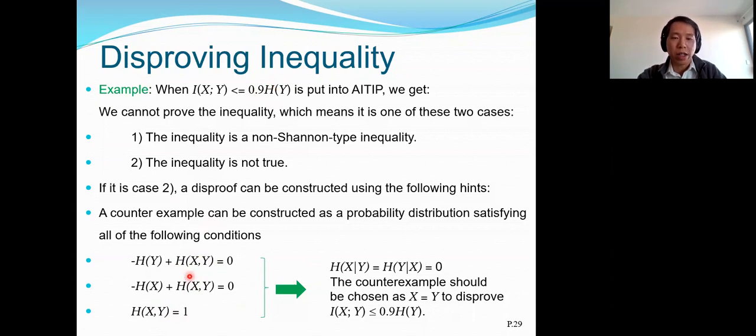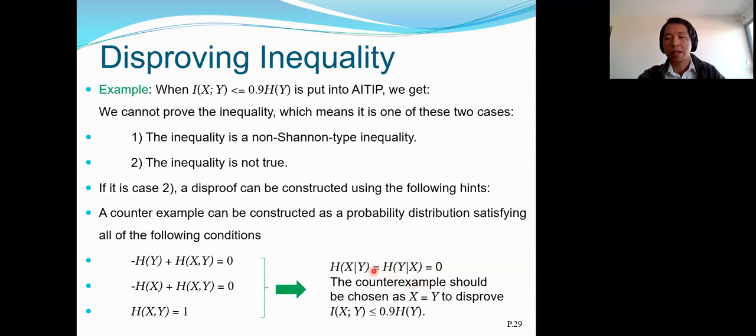So from these conditions, this is the hint given by the AITIP or from the previous linear program. From the hint here, we can see that what it says is that we want to construct an example where the conditional entropy of X given Y, and the conditional entropy of Y given X, are both equal to 0. If we find a choice distribution like this, then this can be used as a counterexample.